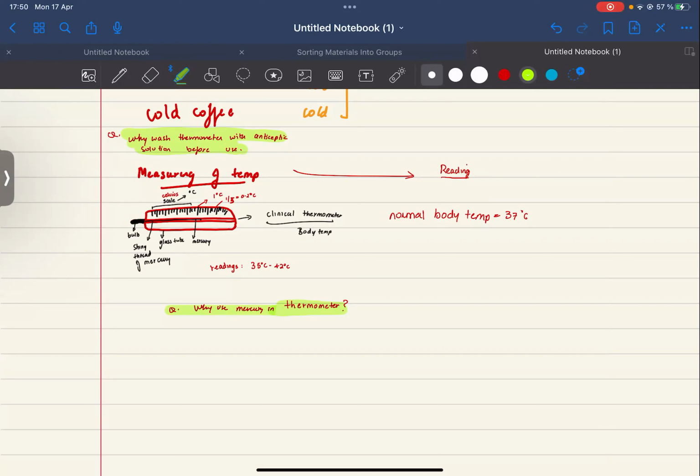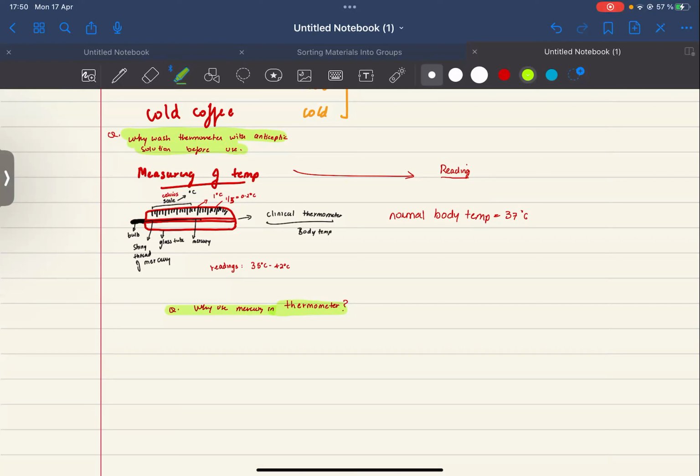You have a different layer of skin on your face, your hand, your legs, everywhere. But if you notice under your tongue, it is a very thin filament, right? So you don't have too many layers of skin. Since this is just a single layer of skin, you don't have so many layers for the heat to pass through.